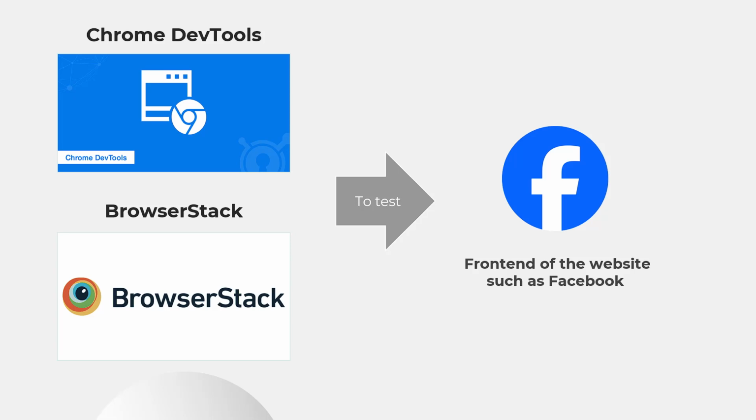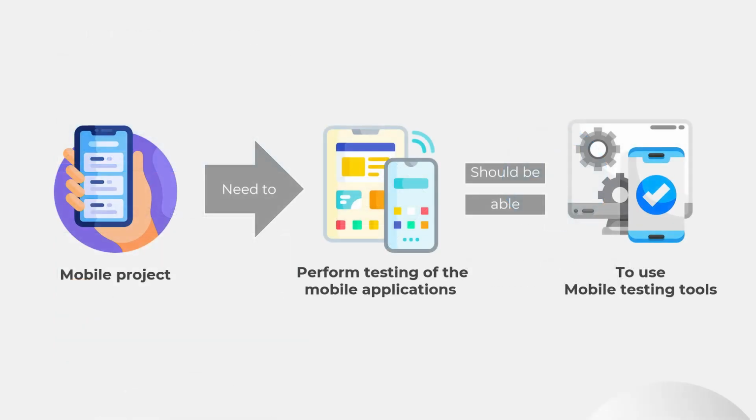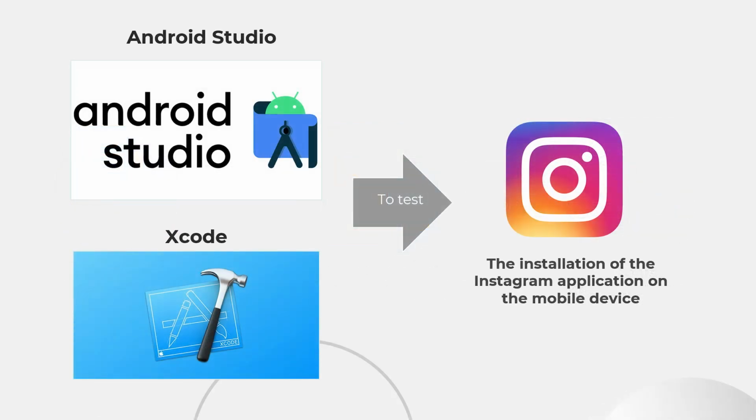If the project includes mobile usage, you need to perform testing of the mobile application. For this reason, you should be able to use mobile testing tools. For example, knowing how to use Android Studio for Android devices and Xcode for iOS devices to test the installation of the Instagram application on the mobile device.